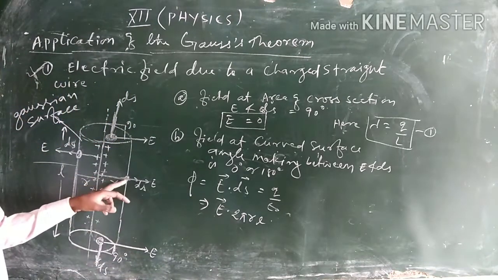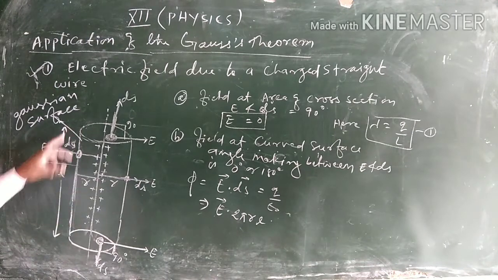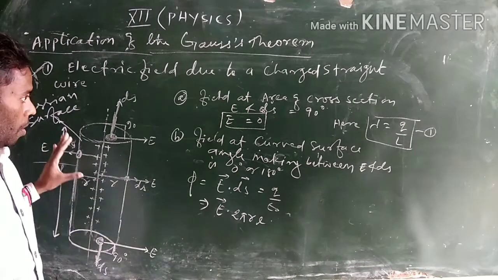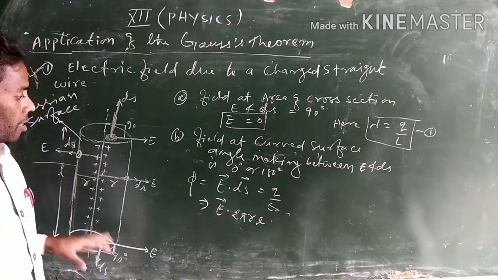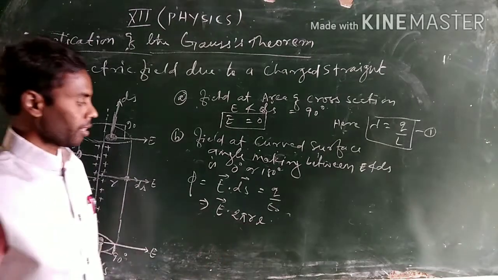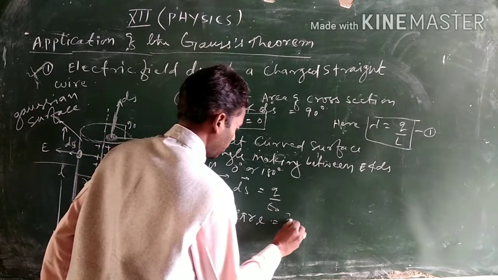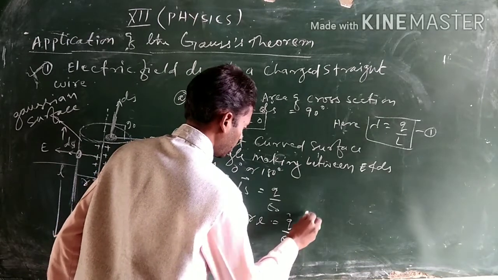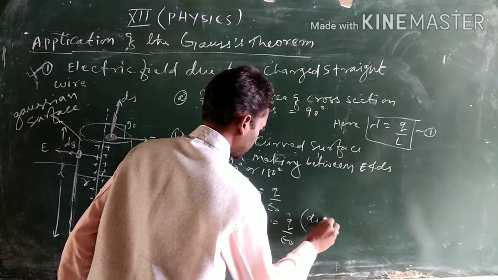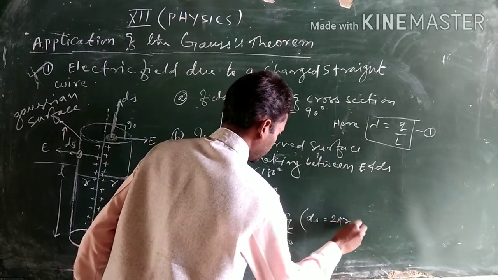R is the radius of this cylindrical shape, L is the length of this cylinder. That curved surface area of this cylinder equal to 2 pi RL equals our Q divided by epsilon naught. Here you can write ds equal to 2 pi RL.